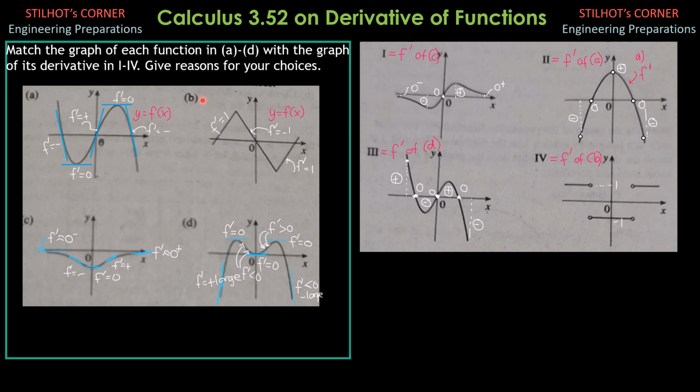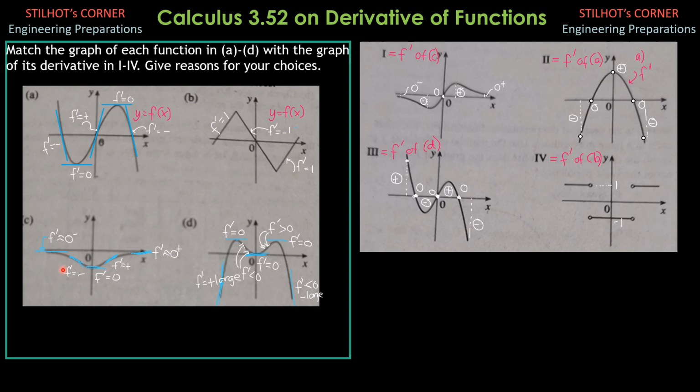So therefore, the graph of B matches the value of f prime to that of graph 4. So B matches: this is f of x and this is f prime of x for part B.